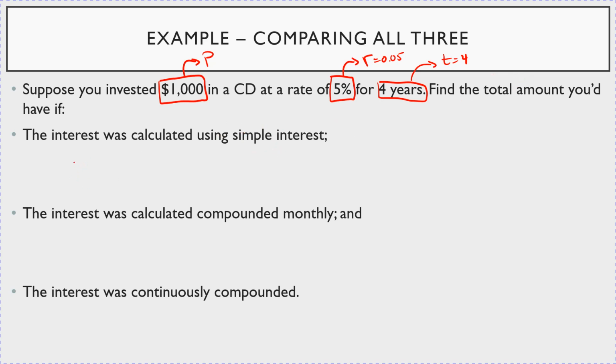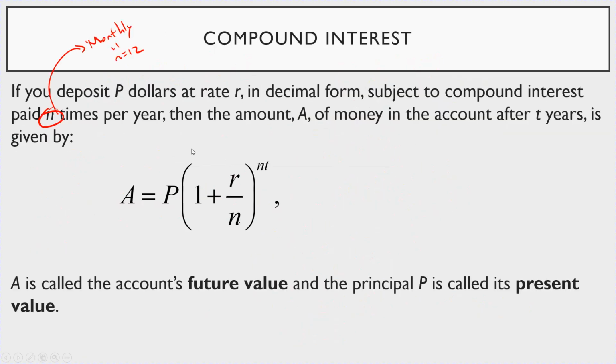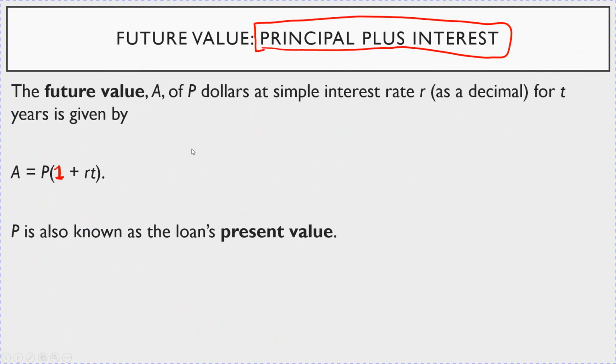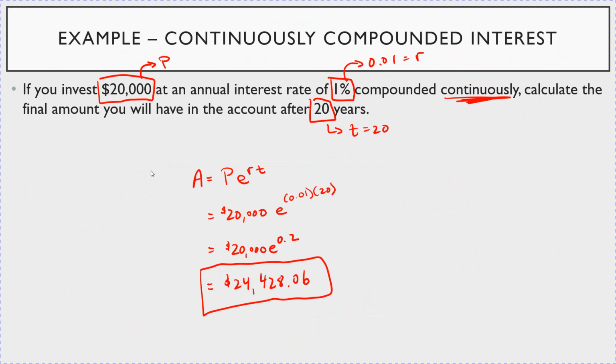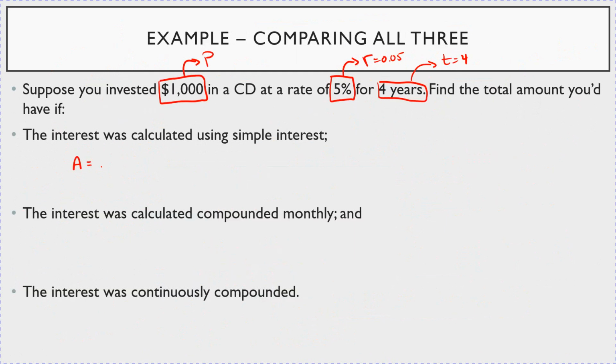All right, well, the formula for there, you can even go back. Future value, this is simple interest, is equal to principal times 1 plus R times T. So look, this is just $1,000 times 1 plus the rate, which is 0.05, times 4.